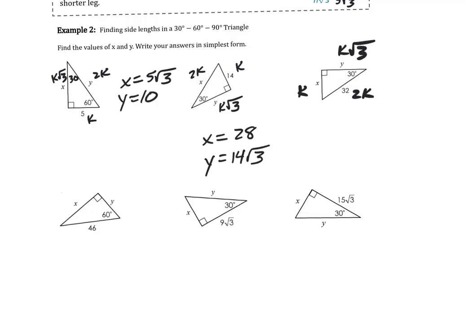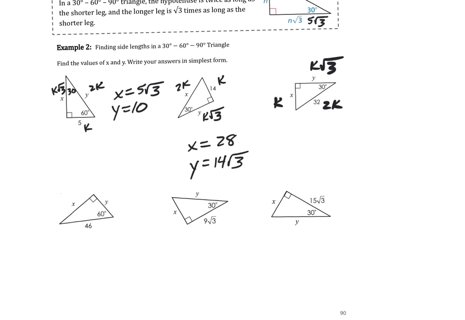Okay, so here's what we're going to have to do. This time we don't know the value of K, but we can find it pretty quickly, right? 2K equals 32. So K would be 16. And that would be this side right here. So X is 16, which is also K. X and K are the same thing in this case.